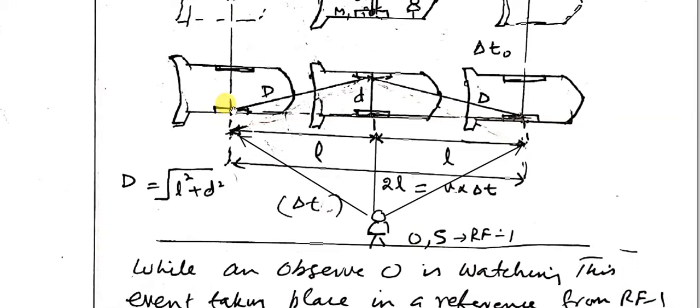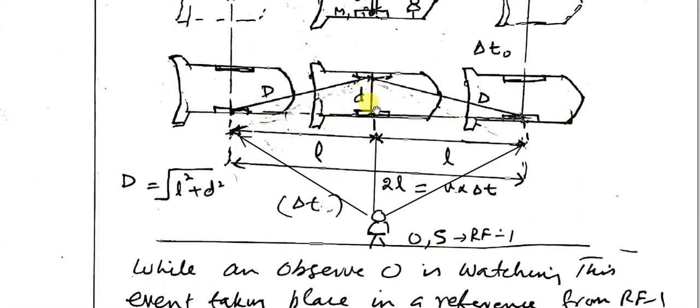So the pulse travels this much distance, reaches the top, and then comes back. Along with that, the rocket is also moving, and by the time it reaches back to the floor it has traveled extra distance because it moves with velocity v. Let L be the distance from the start to the center, and then from the center to the final position.